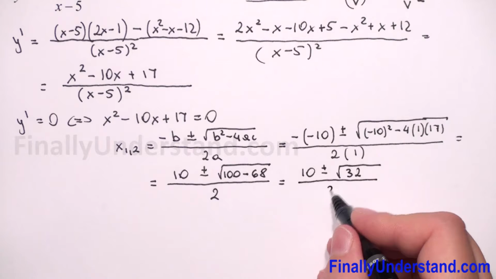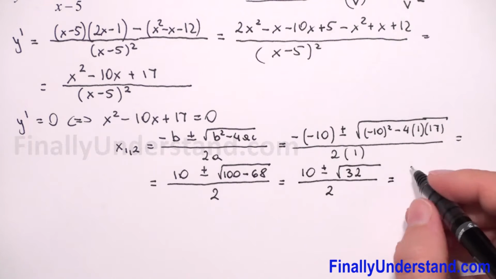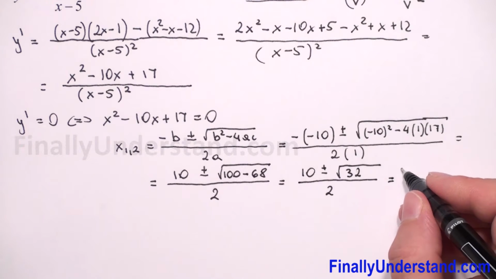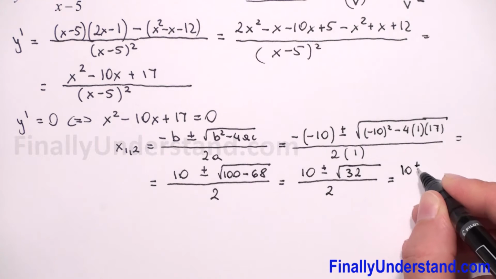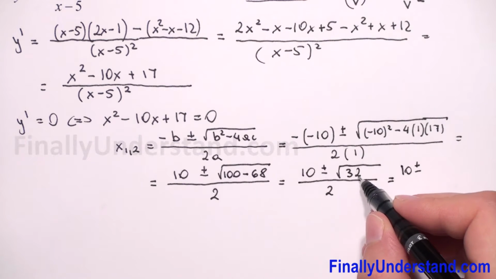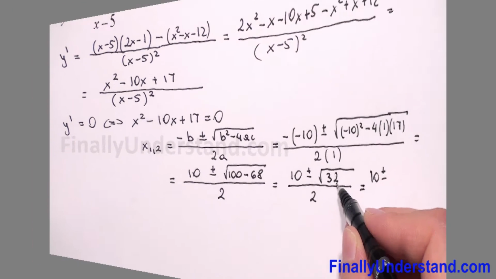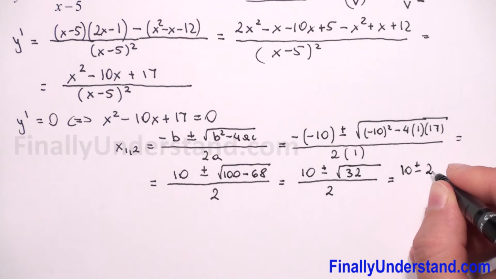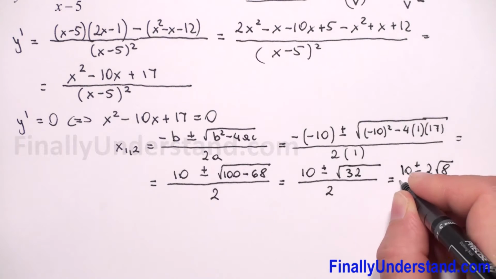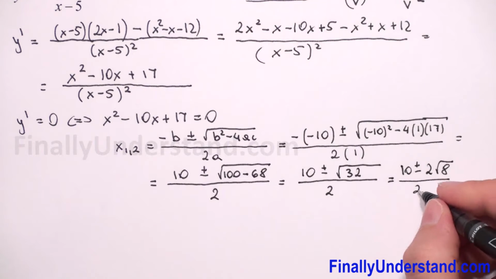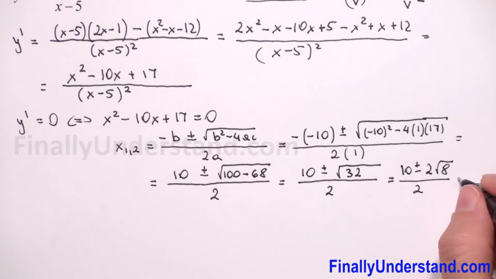over 2. We can rewrite 32 as 4 times 8. So we will have 2 square root of 8 over 2. We can divide by 2, so it will be 5 plus or minus the square root of 8. So we have 2 critical values.